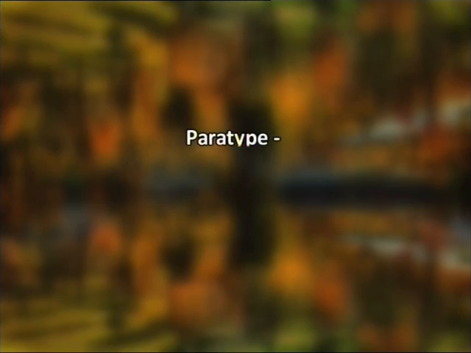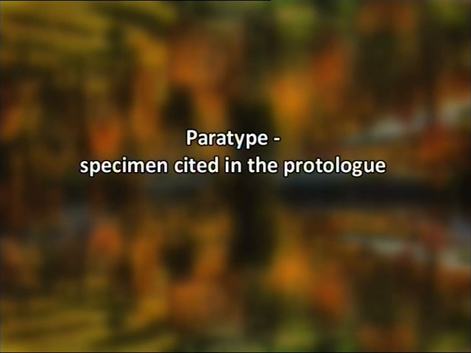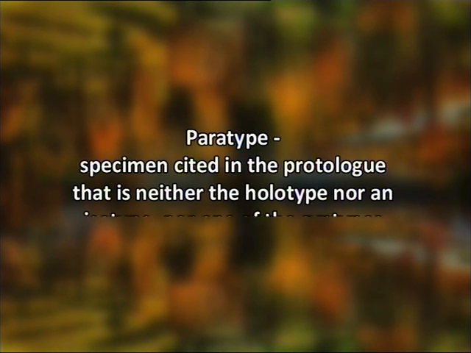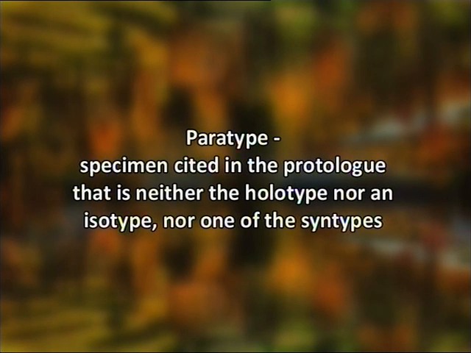In systematic botany, a paratype is defined by the International Code of Botanical Nomenclature as a specimen cited in the protologue that is neither the holotype nor an isotype nor one of the syntypes. Under this definition, paratypes are not necessarily explicitly identified as such in the original description.